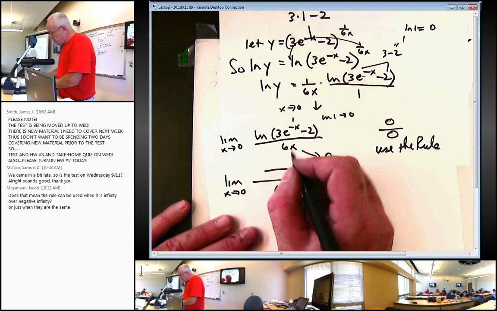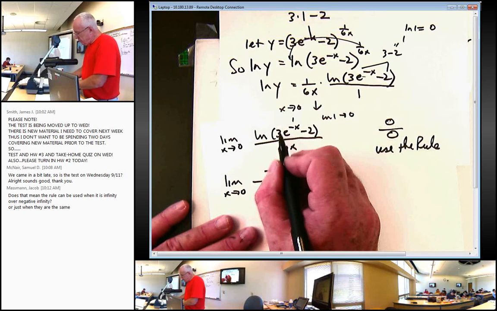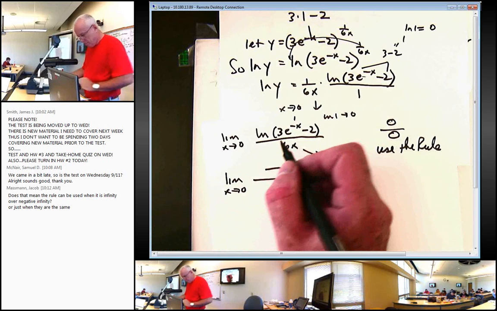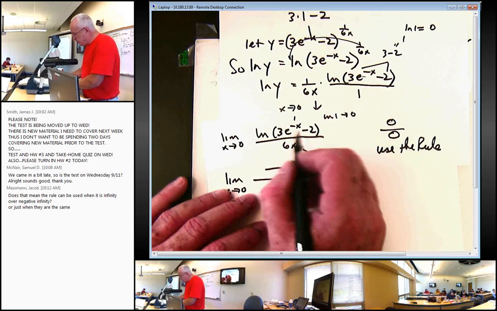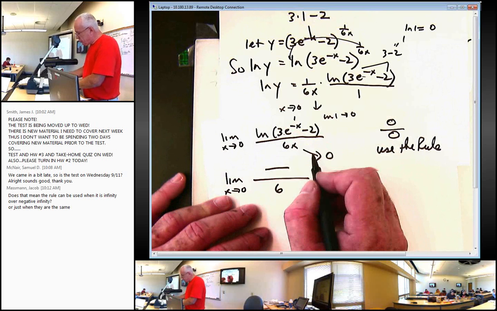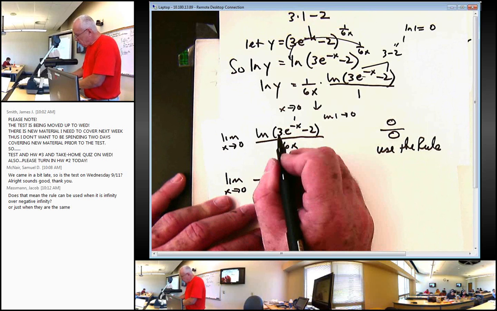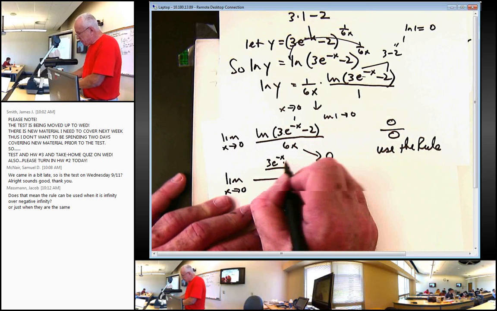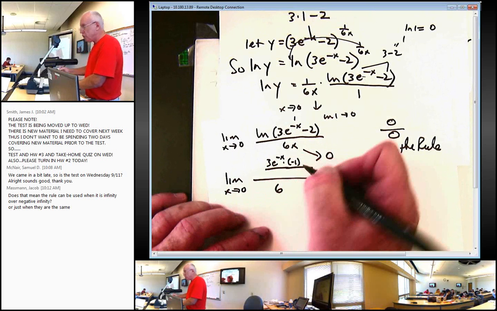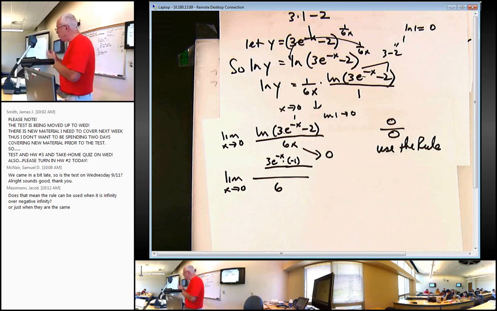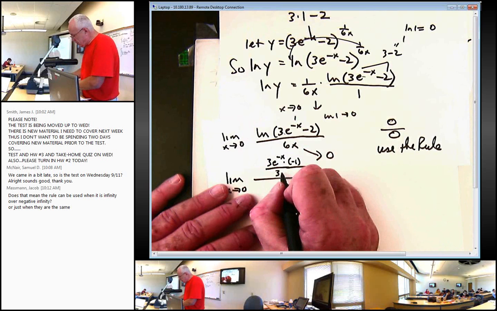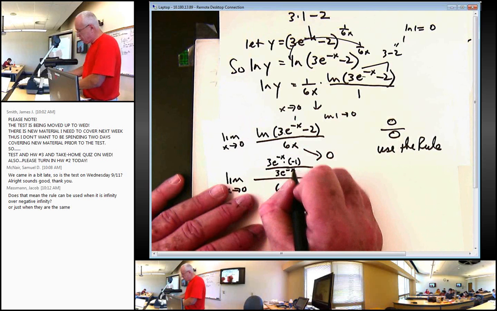So this is going to be what? Derivative of 3e to the minus x minus 2. That's going to be 3e to the minus x times minus 1 with the chain rule. The minus 2 goes to 0. And then it's divided by just the function on the inside, 3e to the minus x minus 2.